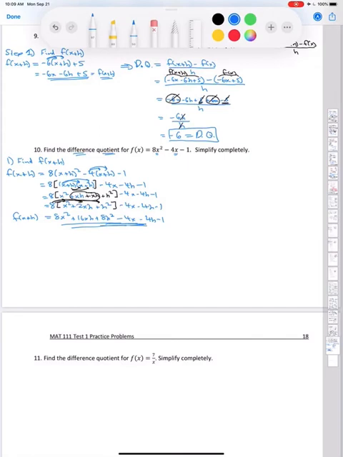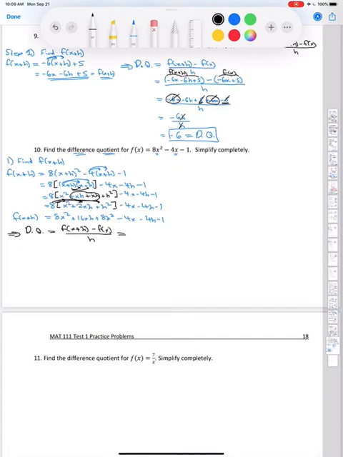to our difference quotient. So we're ready to go plug in now, our next step. So let's go ahead and write that out right here beside it. So this implies dq, difference quotient, equal to, again, f of x plus h minus f of x, all divided by h.